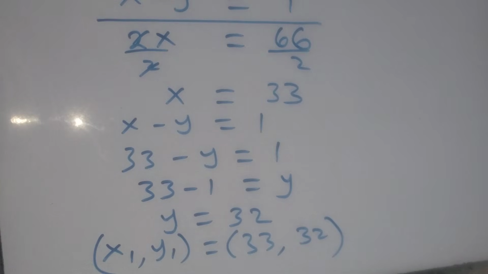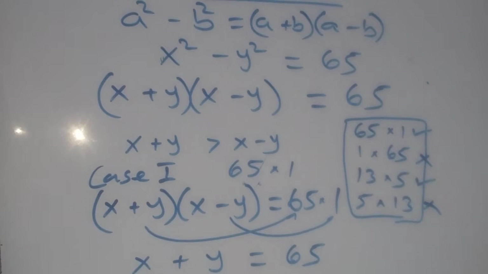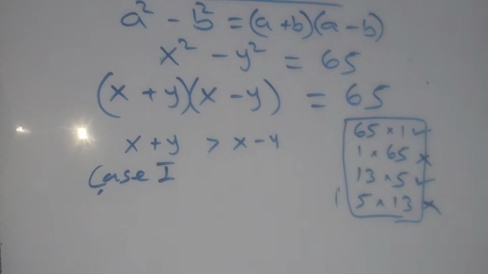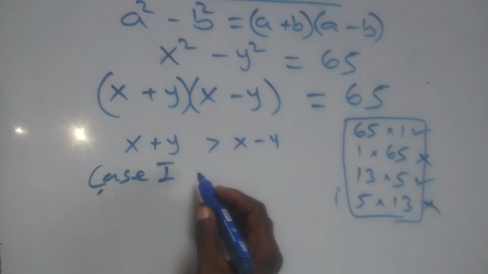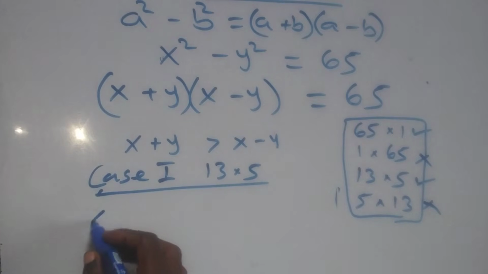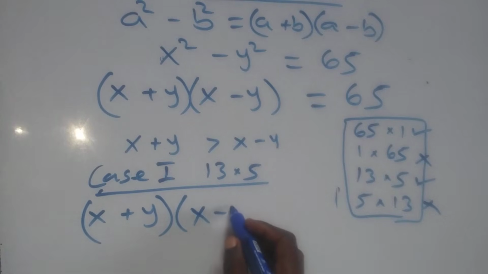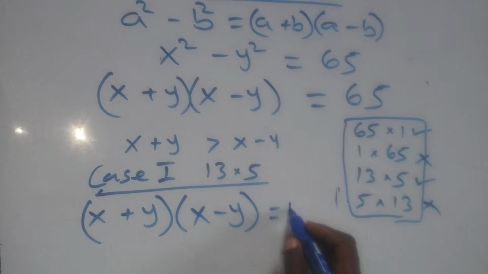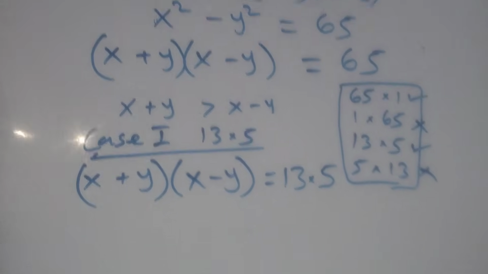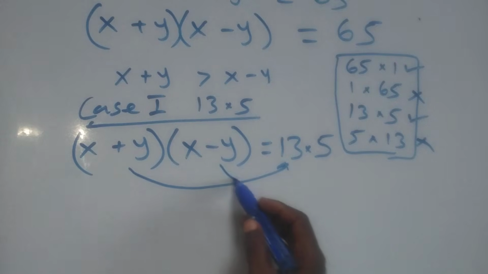Now let's look at the second case. That is case 2, the case of 13 times 5. What we have becomes (x plus y)(x minus y) equals 13 times 5. It means x plus y is 13, x minus y is 5.